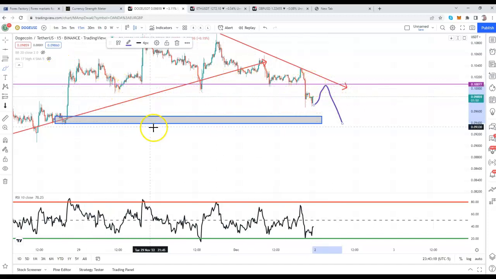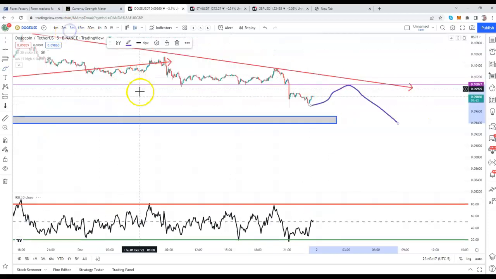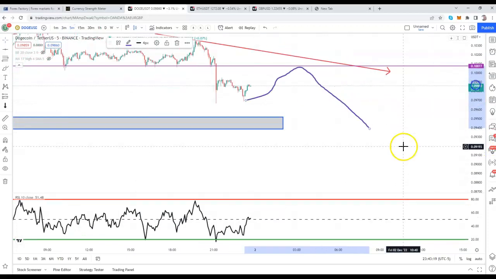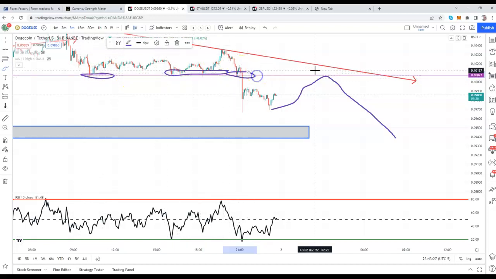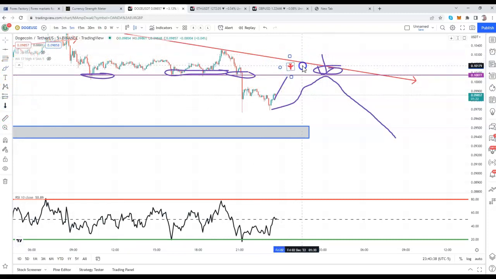Now, if you're analyzing it on a 15-minute time frame, how can you get the best potential entry? Well, you can go down to the 5-minute time frame, and when price pulls back up into this area that we're waiting for, we can wait until we get confirmation that price is starting to reject.